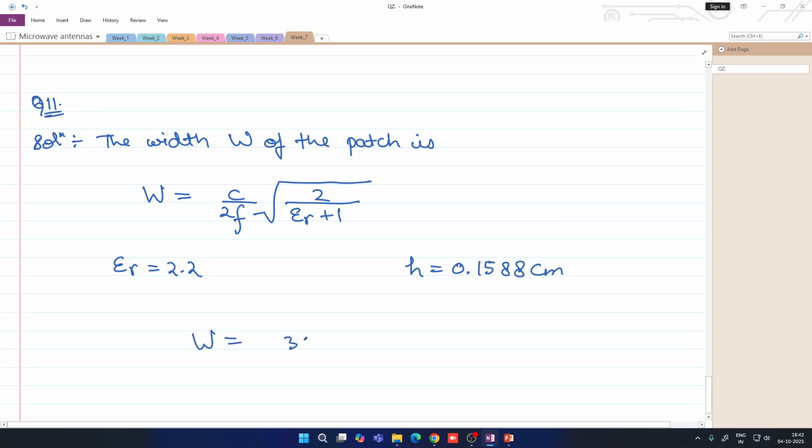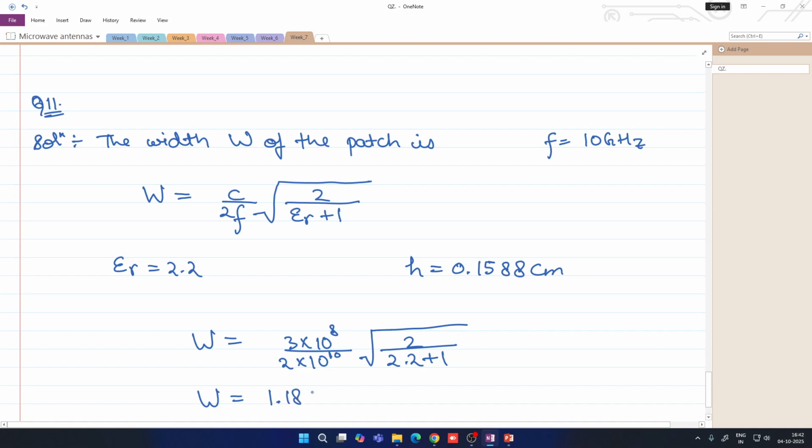The frequency is also given in the problem: F is 10 gigahertz. So I'm simply writing it as 3 into 10 to the power 10 divided by 2 into 10 to the power 10, into square root of 2 divided by 2.2 plus 1. When we solve this, we get the width of the patch as 1.186 centimeter.